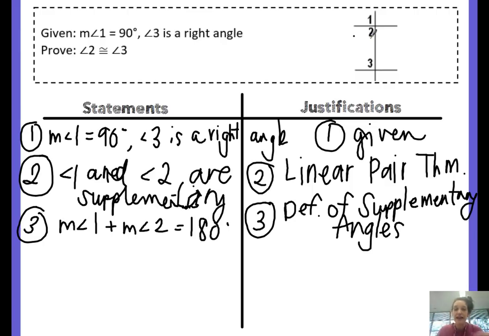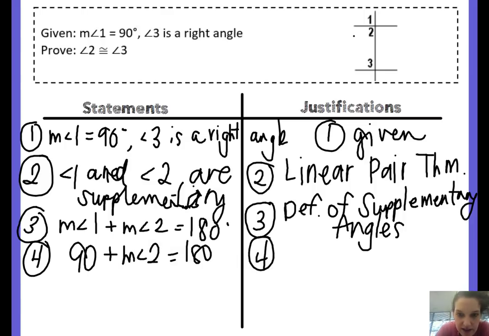So I have to make a nice linear organized argument. If I know the measure of angle 1 plus the measure of angle 2 is 180 because those angles were supplementary, and I know the measure of angle 1 is 90, well, I can go ahead and substitute 90 into this equation in for the measure of angle 1.